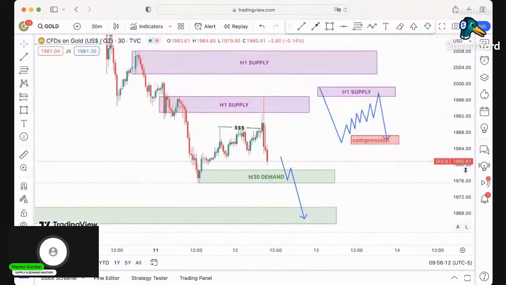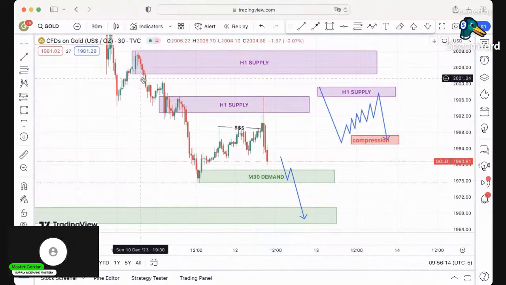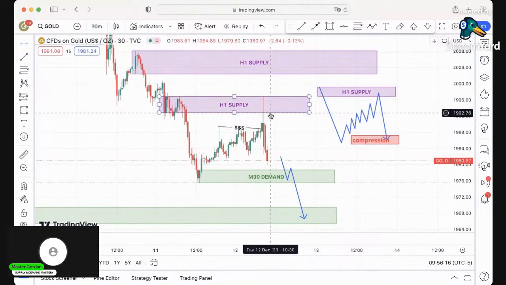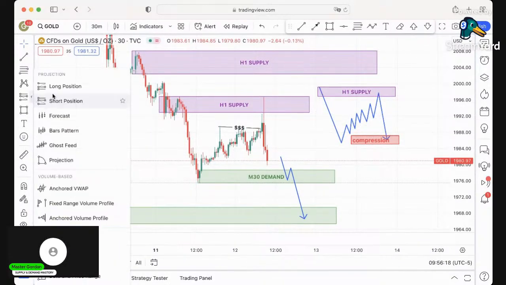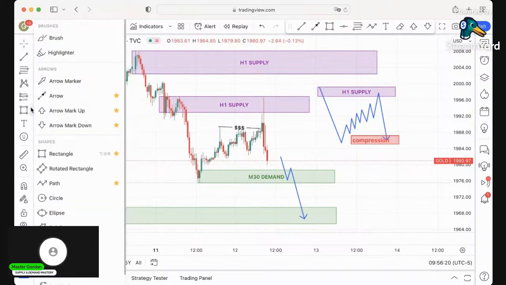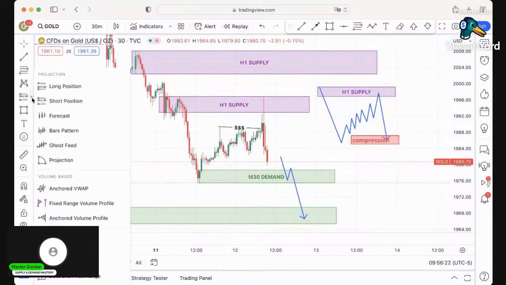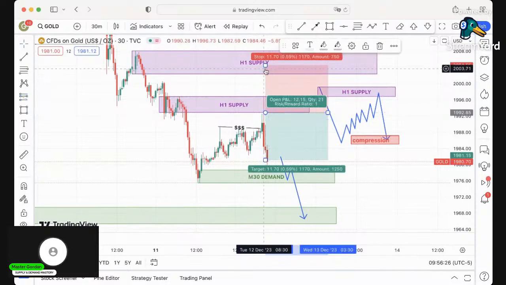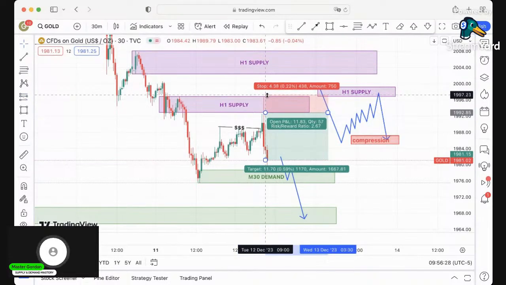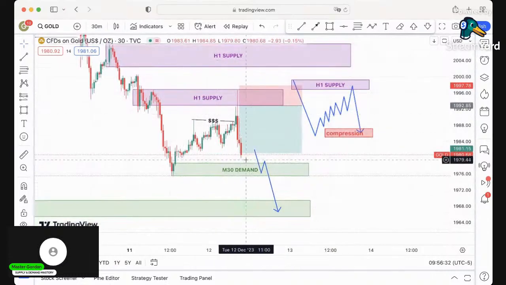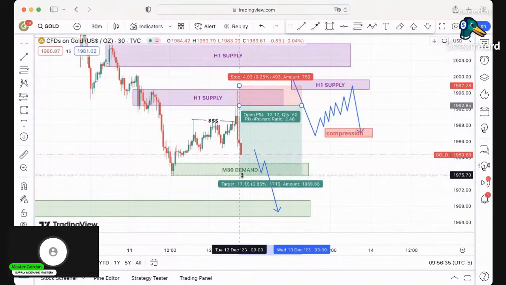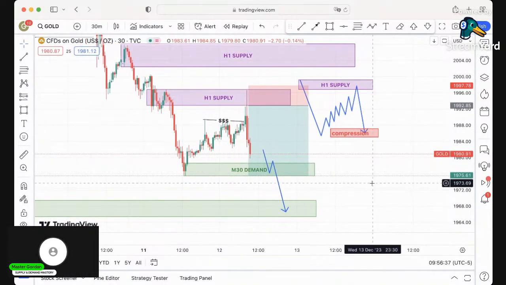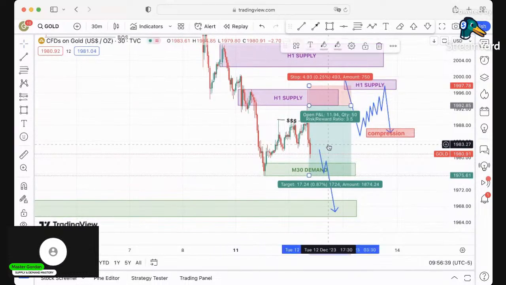Just make sure that for every trade you place, the risk reward is good enough. So let's see, if we take this short position right here, then our stop loss is slightly higher than the previous swing high, and this could be our TP, as the previous support.